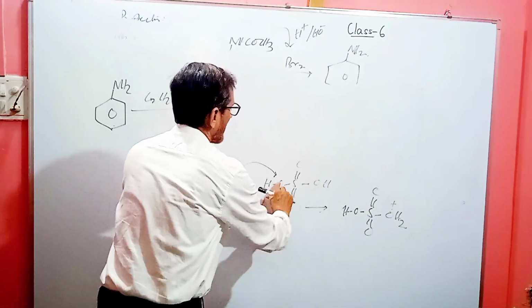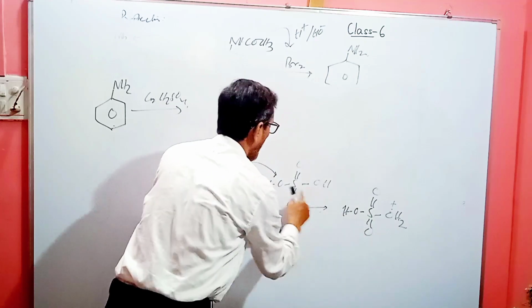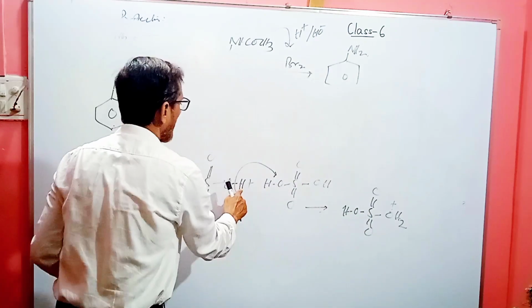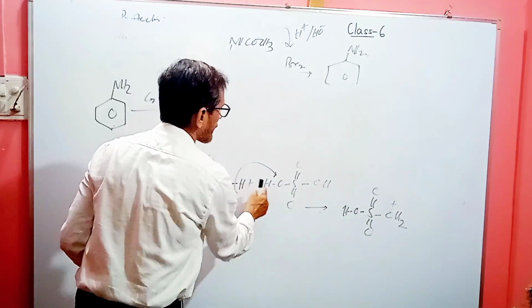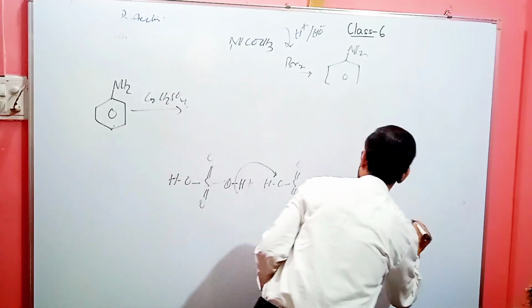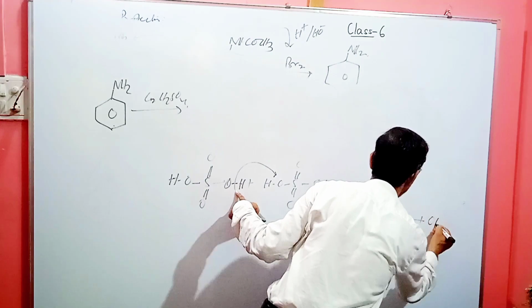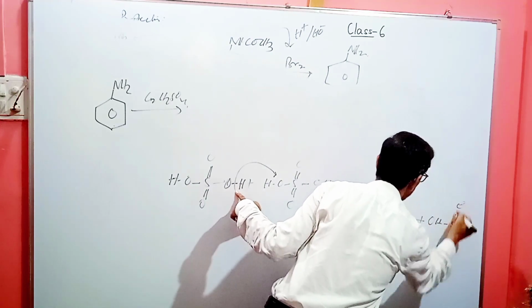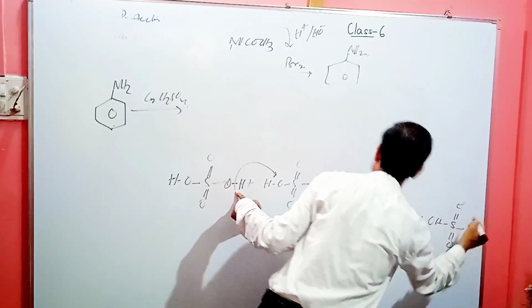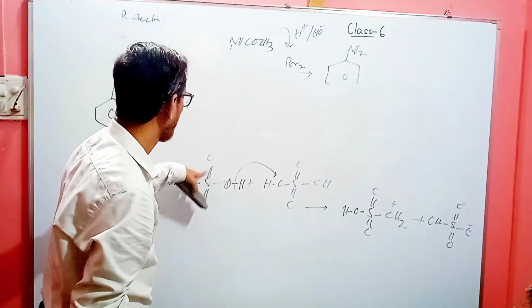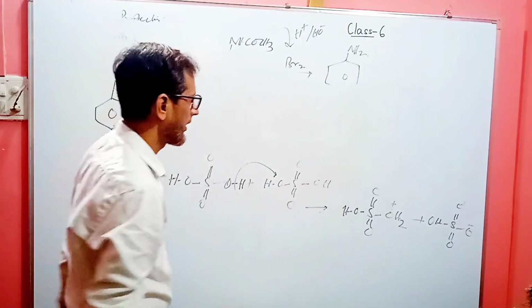On getting one proton from this, we get this one, and that one remains as deprotonated HO S double bond O O-, that is HSO4-.